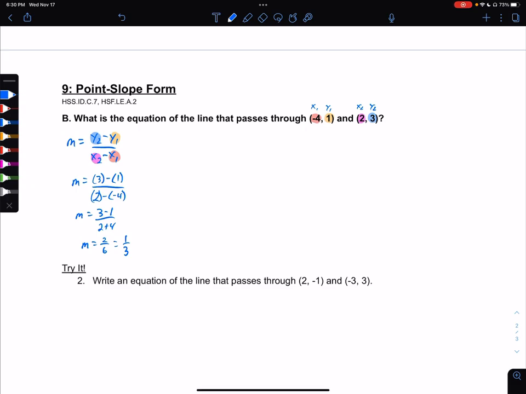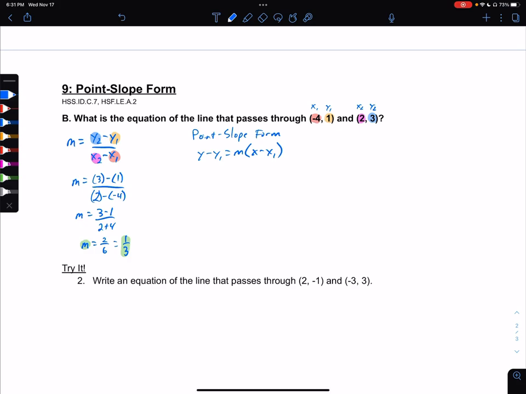So now that we have the slope, our m value is 1/3. Make sure to reduce that fraction. I'm going to use my point-slope form. Which remember is y minus y1 equals m times x minus x1.